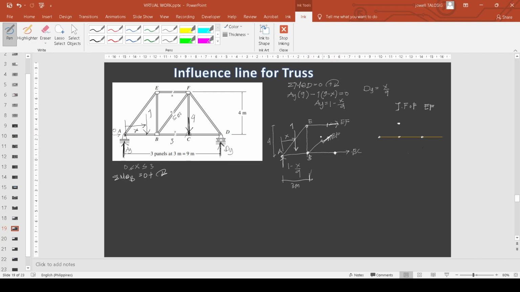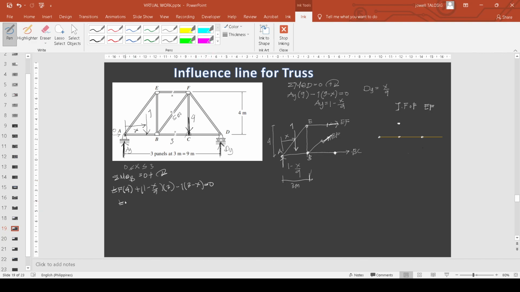Para mag-cancel, meaning walang ma-produce na moment ang BF saka BC. So, ito lang mag-i-unknown natin. So, EF times moment arm niya, 4. Then we have the AY. So, plus ulit AY. So, 1 minus x over 9 quantity times its moment arm, so 3. And also we have the 1. So, minus 1 times 3 minus x. That is equal to 0.